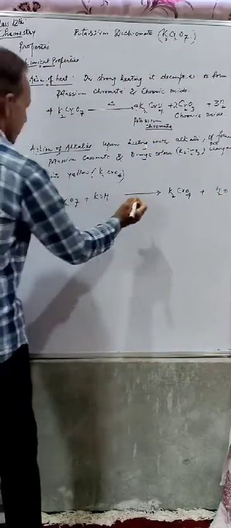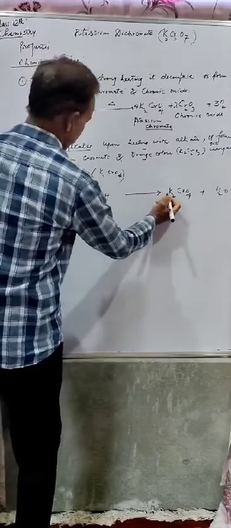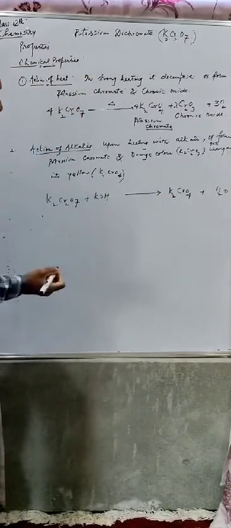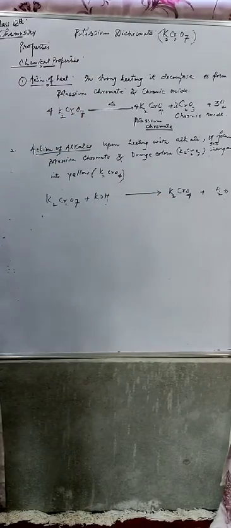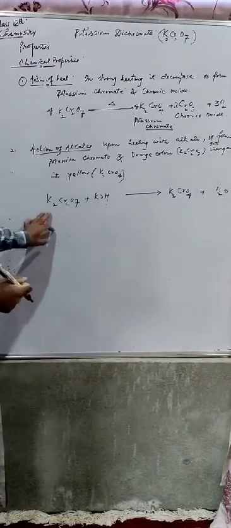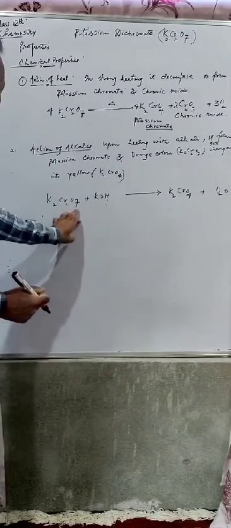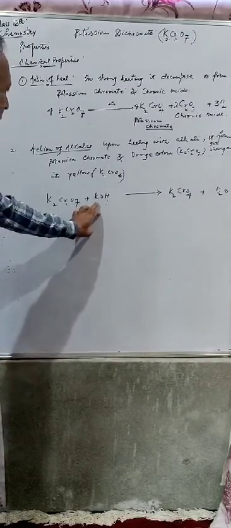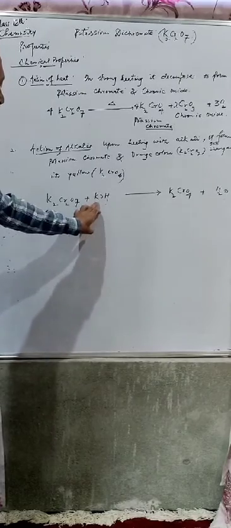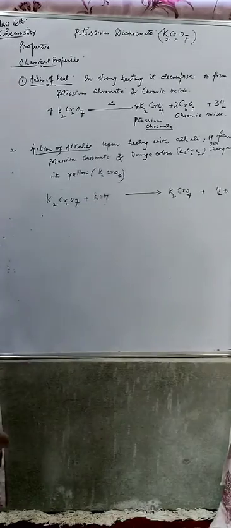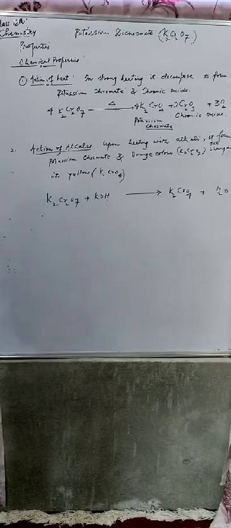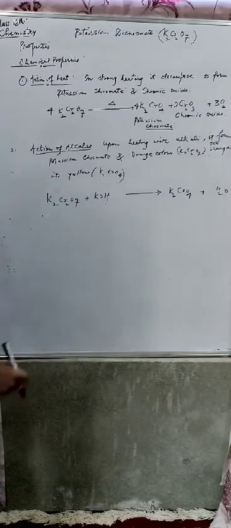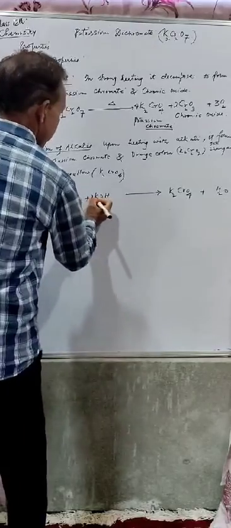Now K2Cr2O7 plus KOH forms K2CrO4 plus water, potassium chromate. We will balance the reaction.